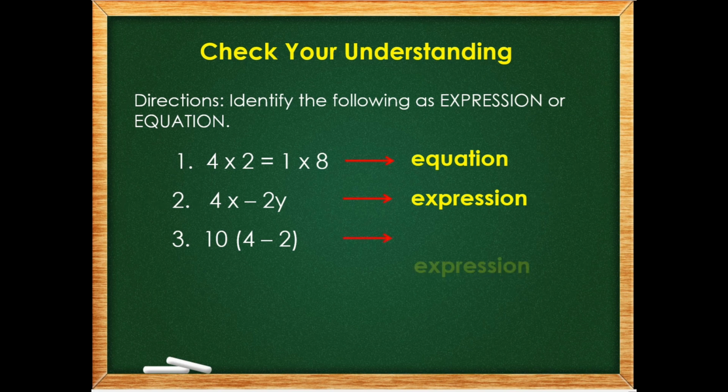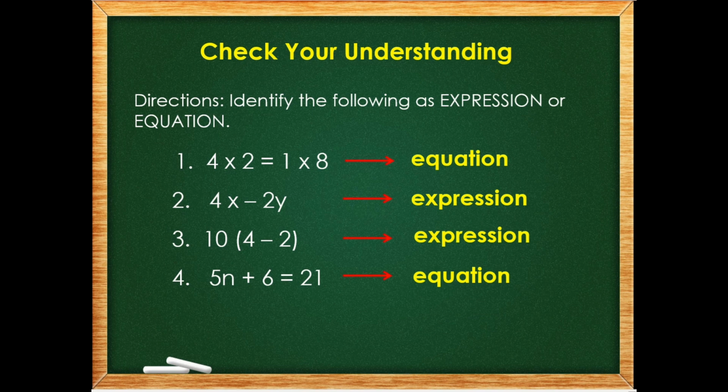This one is an expression. Number 4, 5n plus 6 is equal to 21. Number 4 is an equation. Number 5, 4 plus 3 is an expression. Again, an equation has an equal sign. An expression does not have an equal sign.